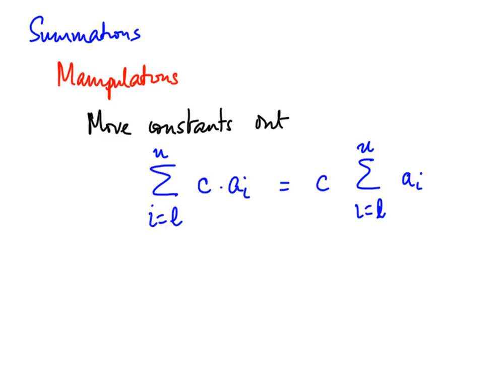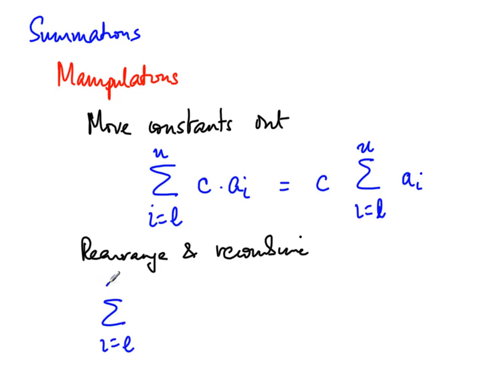The second simplification that one could do very often is to rearrange and recombine. So we may have an outer summation over an expression, i equal to l to u, so maybe we have A[i] plus B[i]. Now we may find it tedious to add up A[i] and B[i], but recognize that we have A1 plus B1, A2 plus B2.